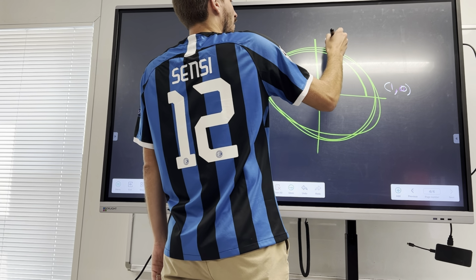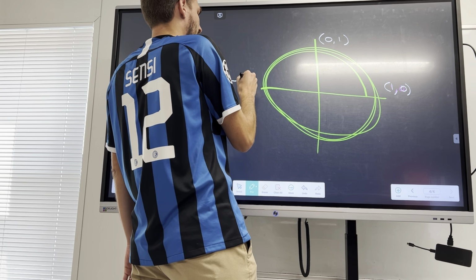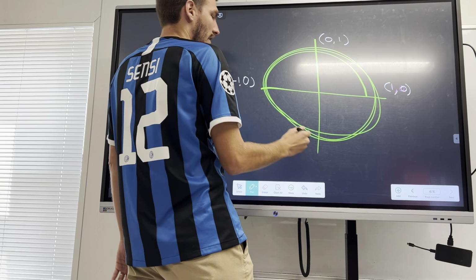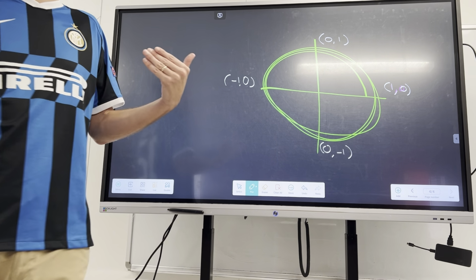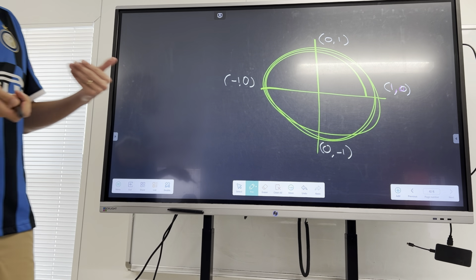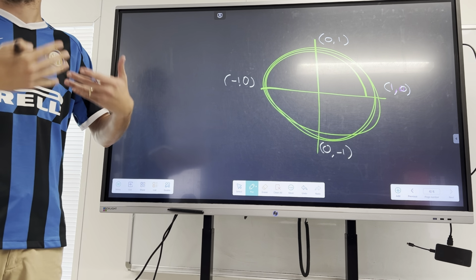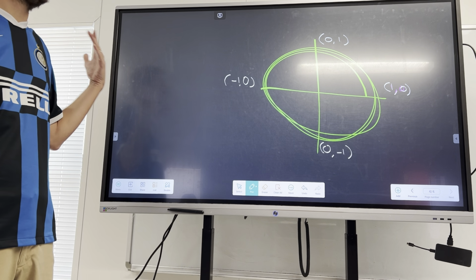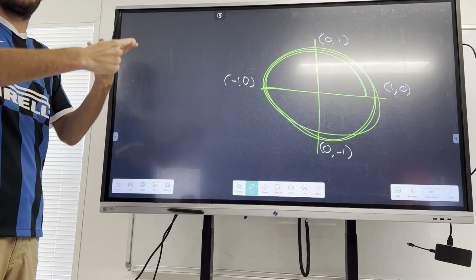This one right here is 0, 1, because it's right and left 0, up 1. Then we got -1, 0, and then we got 0, -1. We might as well just use 1, because if it's a 10, it's going to end up being a 10 over 10, which is going to simplify to a 1. So zeros and ones, okay, cool.